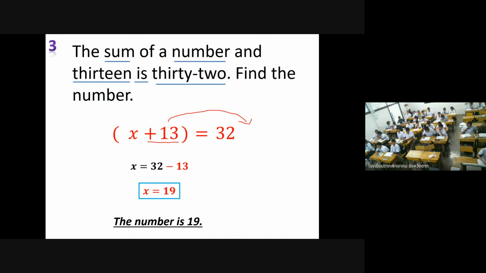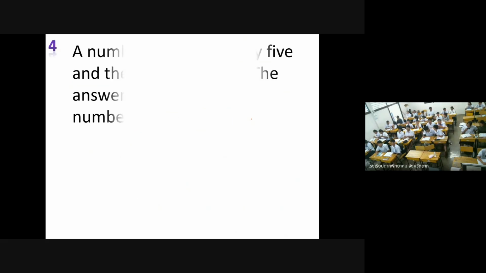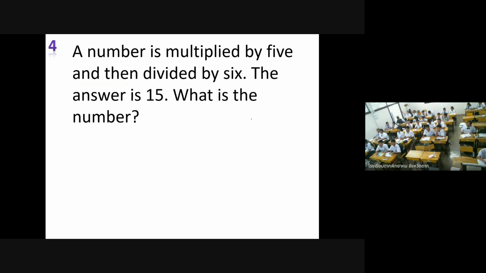Okay? Okay, one more. We still have 7 minutes. I need plus 1 again. A number is multiplied by 5 and then divided by 6. The answer is 15. What is the number? Plus 1 point.